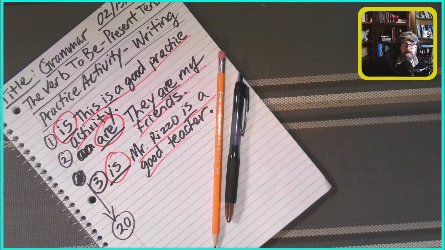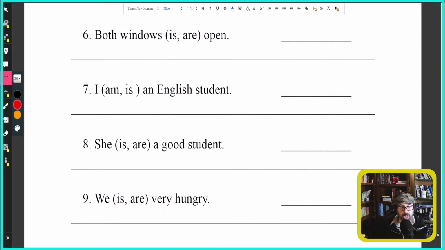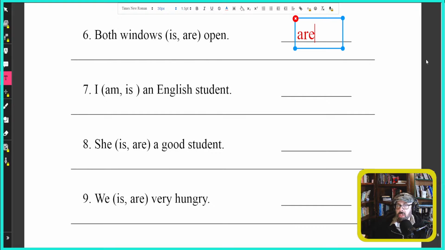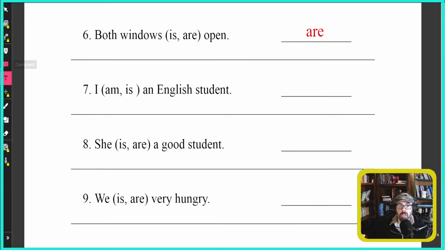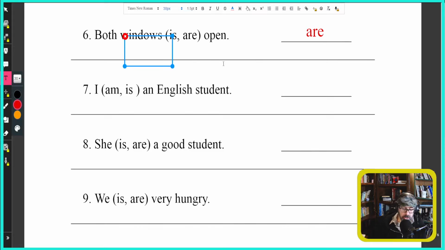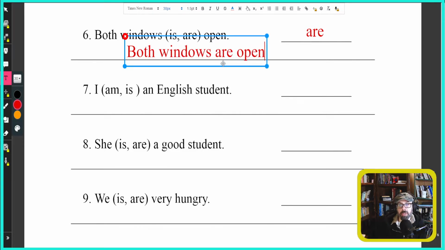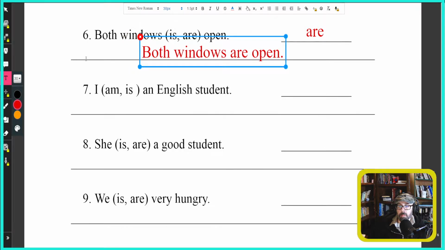Write your answer. Correct answer: both windows are open. Writing the full statement: both windows are open, period.